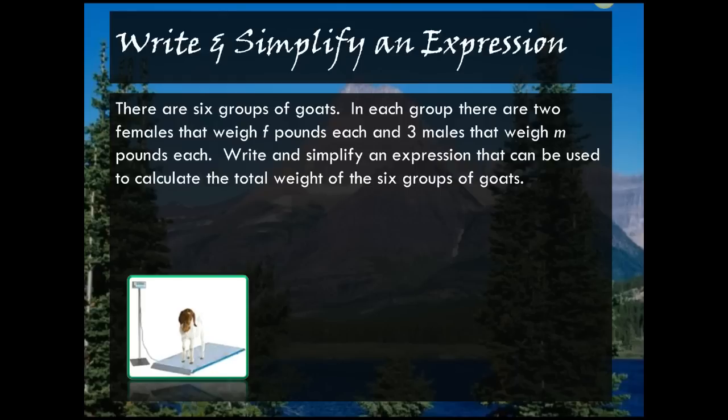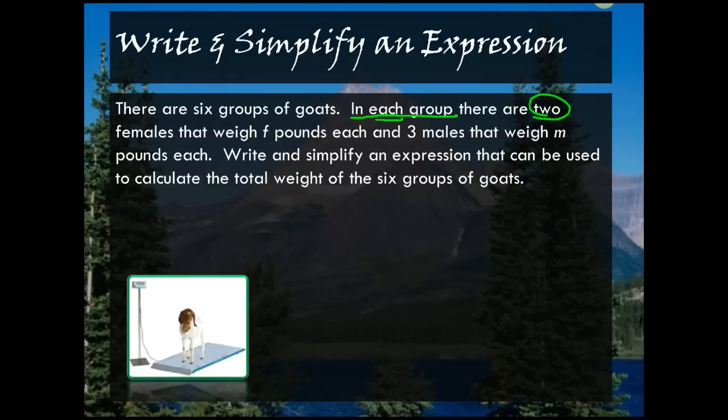One thing we could do is figure out how to represent the weight of one group of goats. Then we can multiply that times 6. To represent the weight of one group, we will need to add together the weight of the females and the weight of the males.